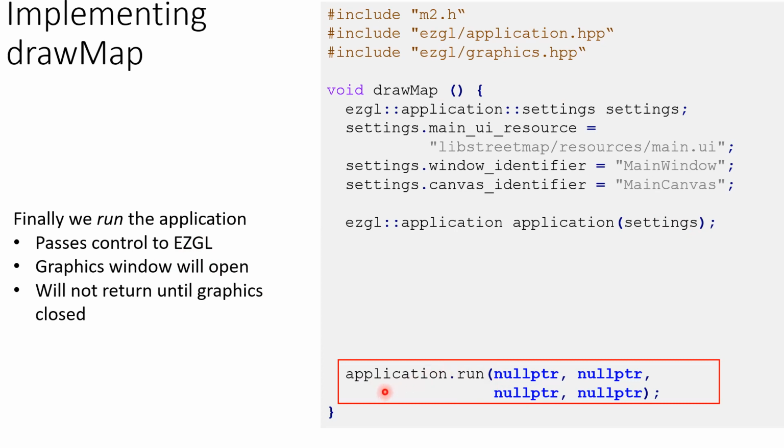So you will be in the graphics window until you decide to close it and the program will end. You may notice these 4 null pointers. We will talk about them later. Now, because we are just doing an empty window, we are not using anything here.